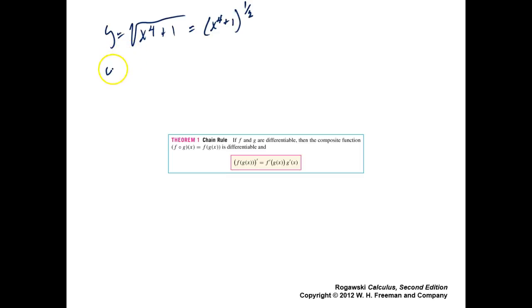I mean, I can do the other, but it's much easier to do it with the exponent rules. So y prime would then be 1/2 the argument x to the fourth plus 1 to the minus 1/2, because it's the exponent minus 1, then multiply that by the derivative of the internal, which is 4x cubed.